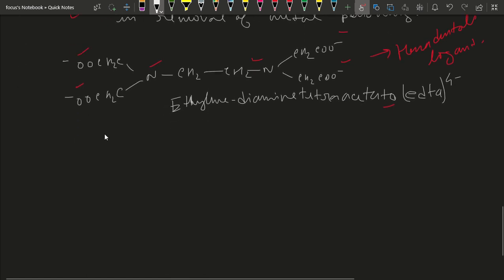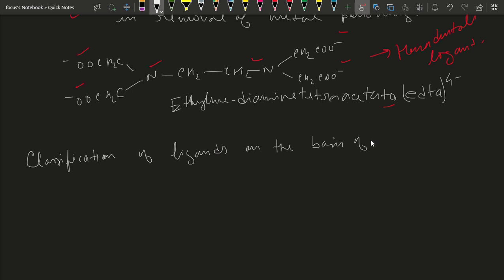So the next classification of ligands is on the basis of their bonding behavior. Number one is ambidentate ligand.